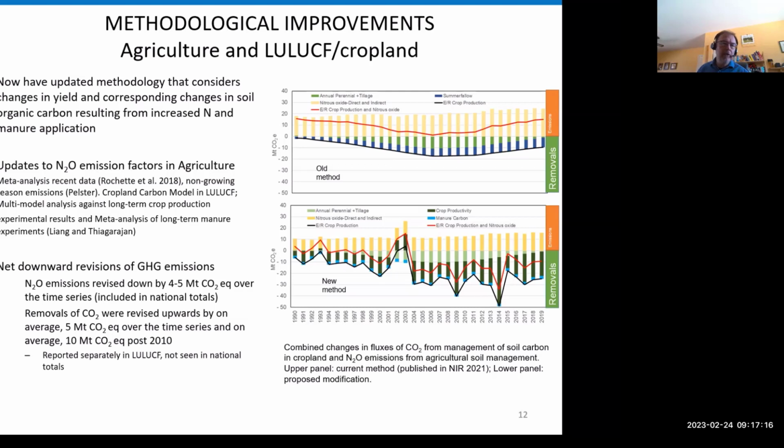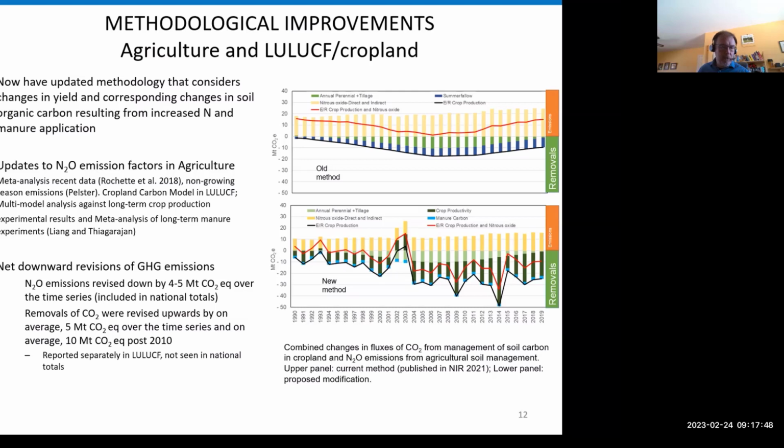This was based on work that Rochette did in 2018 that took into account new studies since the last time that emission factor had been changed. And then further to that, Chang developed the methodology for that, and there's another paper, a 2020 study from Chang, who discussed how we implement those changes.